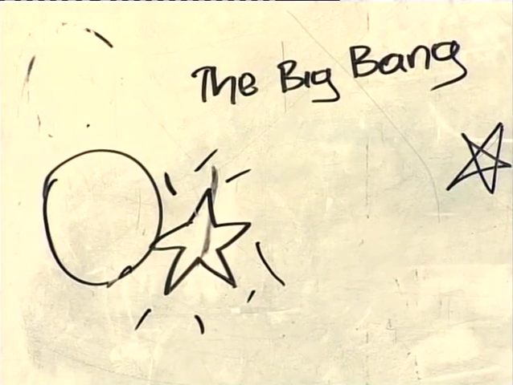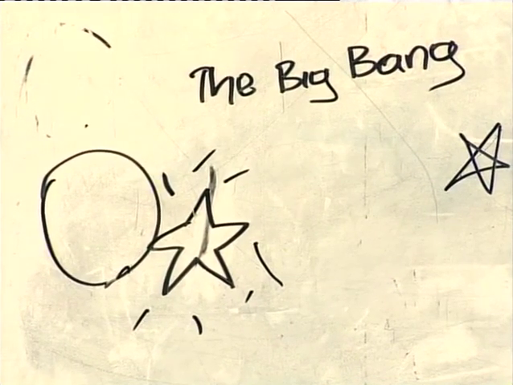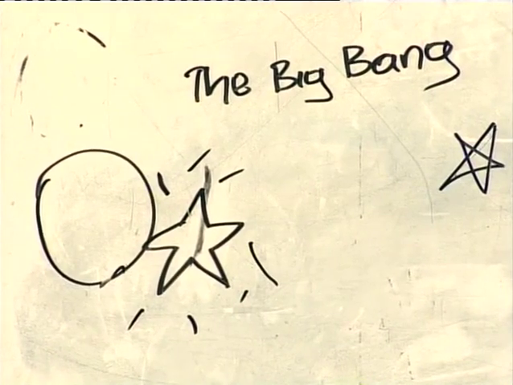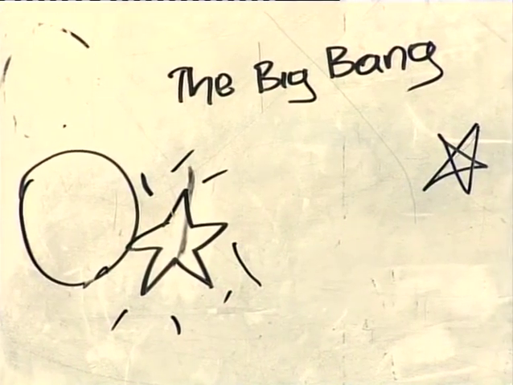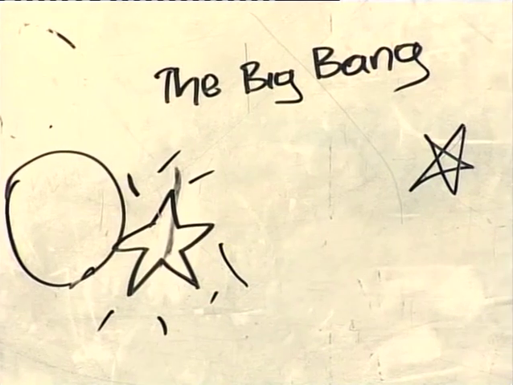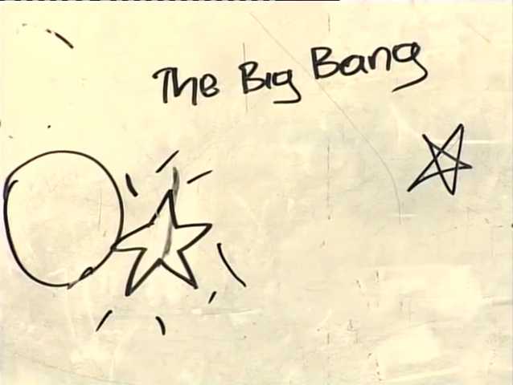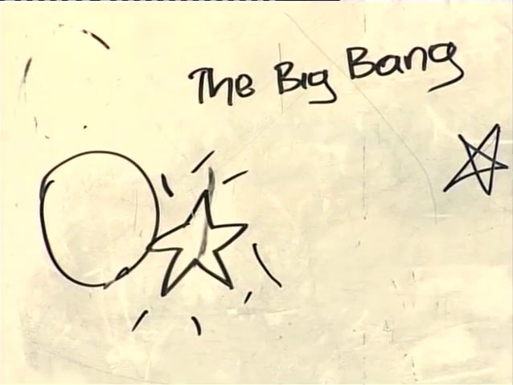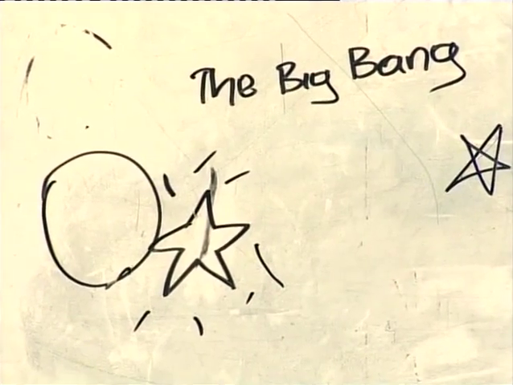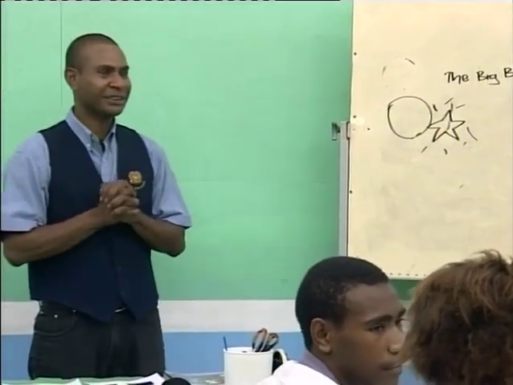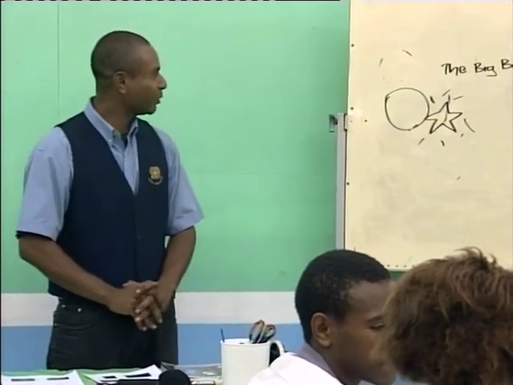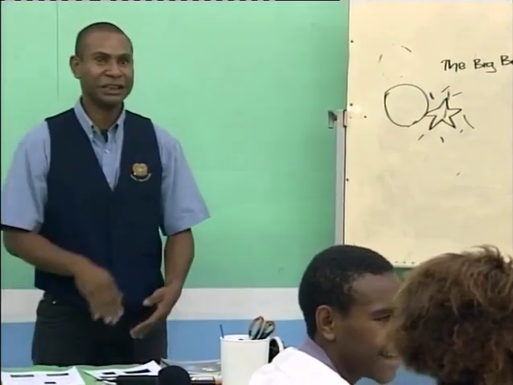The first star that appears in the sky, and it's close to the moon. What's the name? The Big Bang. Okay, good. The first star that appears and is closer to the moon. So that's what Bagley found out about his star that he drew.